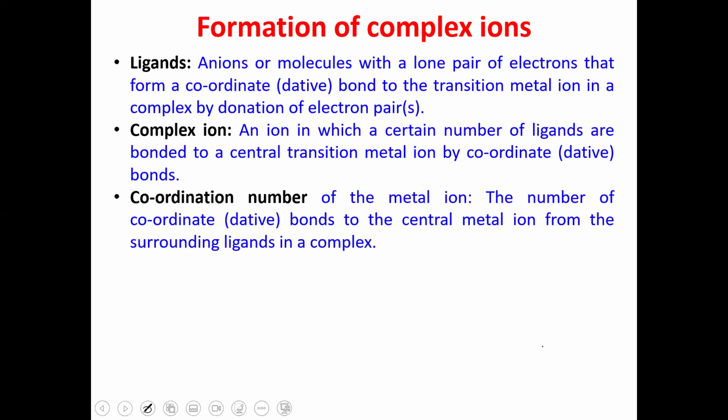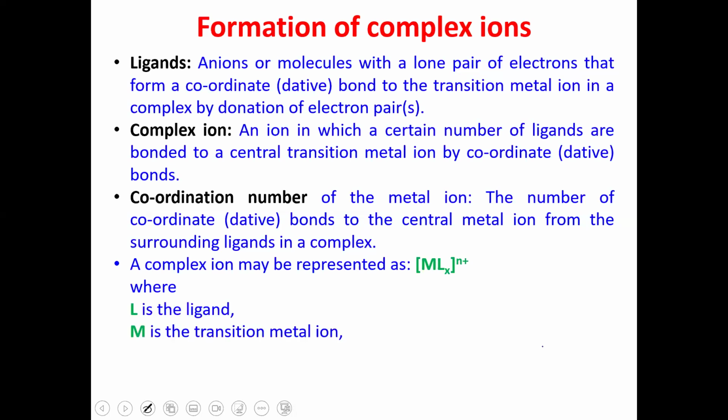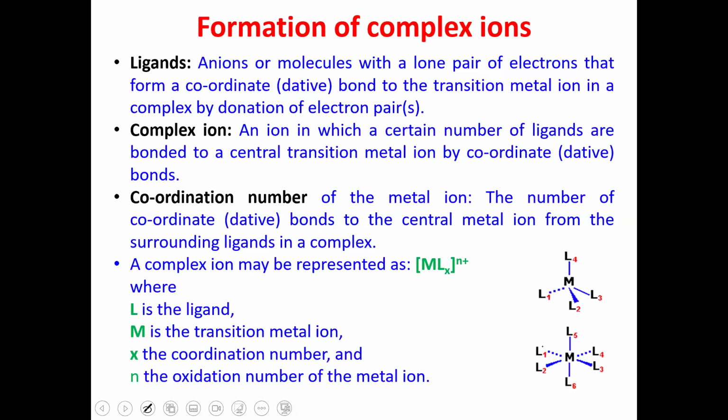And I hope you remember that there is a fixed number for every transition. Some can bind with 4, some can bind with 6, etc. A complex ion may be represented by this normal approach, and L is the ligand. So in complex ion, the transition metal sits in the middle. Like look at the right hand side, and here the ligands are surrounding it.